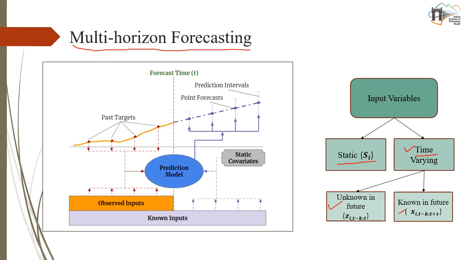So why is there an importance of diverse inputs? Despite the challenges, incorporating these diverse inputs is essential for us to achieve accurate and reliable multi-horizon forecasts. These inputs provide valuable context and information about the factors influencing the variables we are trying to predict. By leveraging these diverse inputs, we can uncover hidden patterns, identify correlations and capture the complex dynamics of the forecasting problem at hand.